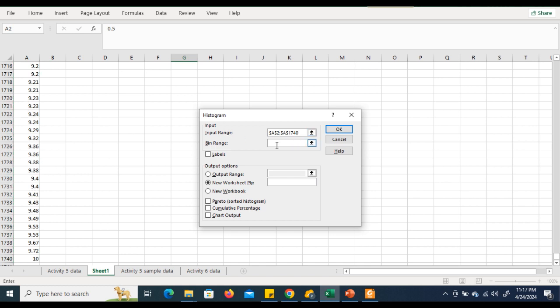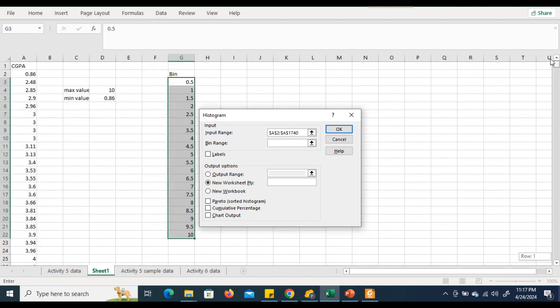Now the second step is we need to select the bin range. For the bin range, again I select this particular column from 0.5 to 10, using Control Shift and the down key. You will find that from G3 to G22 all the cells have been selected.